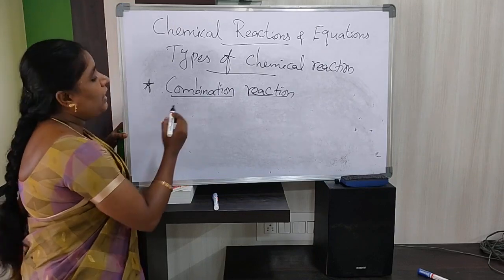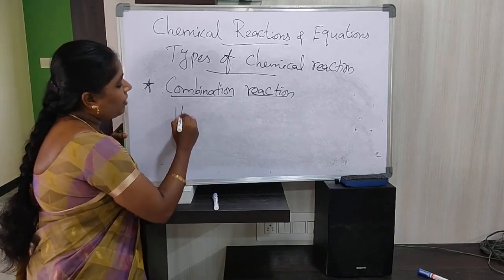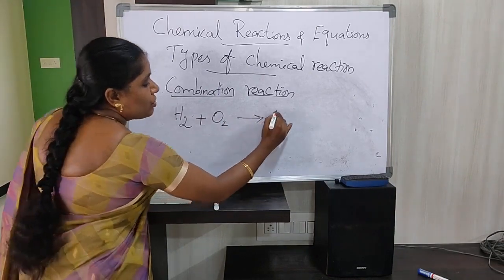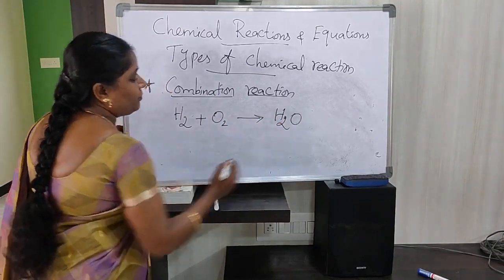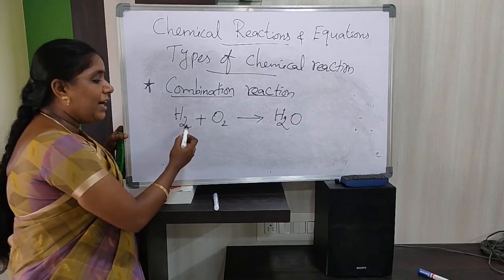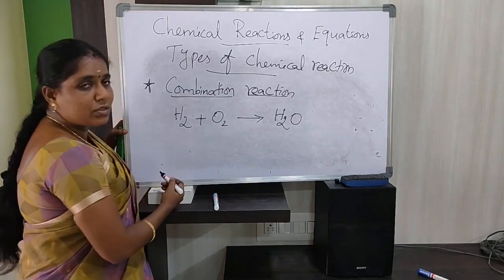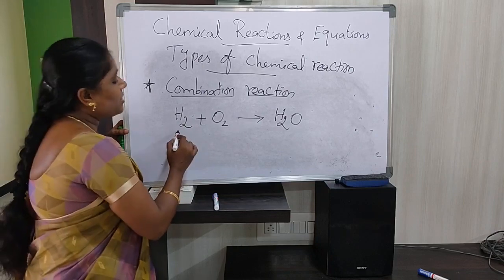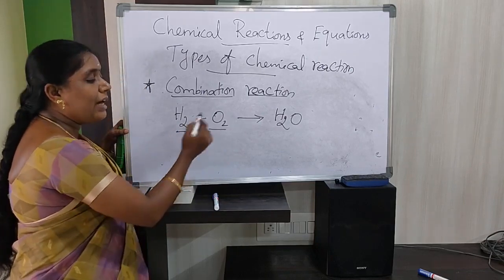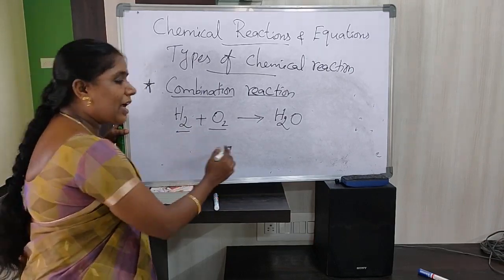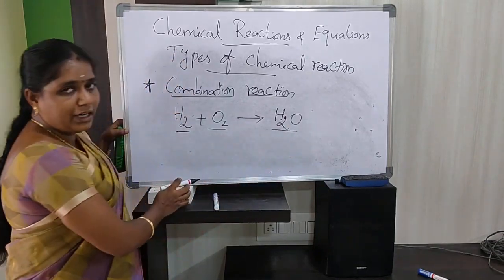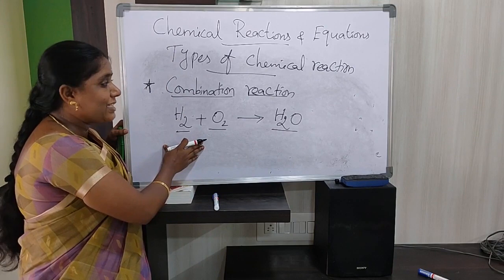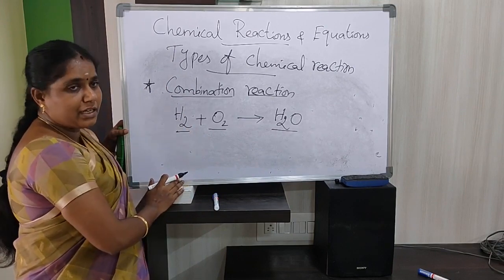For example, when hydrogen combines with oxygen to form water. During this process, the two reactants, hydrogen and oxygen, combine to form a single product, that is water. So this type of reaction is an example of a combination reaction.